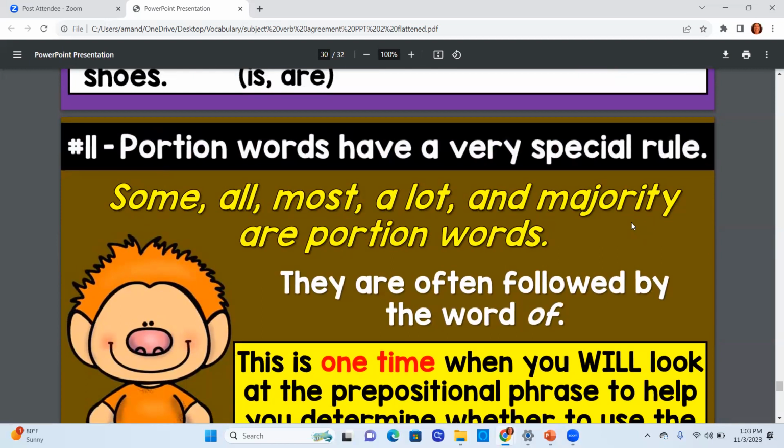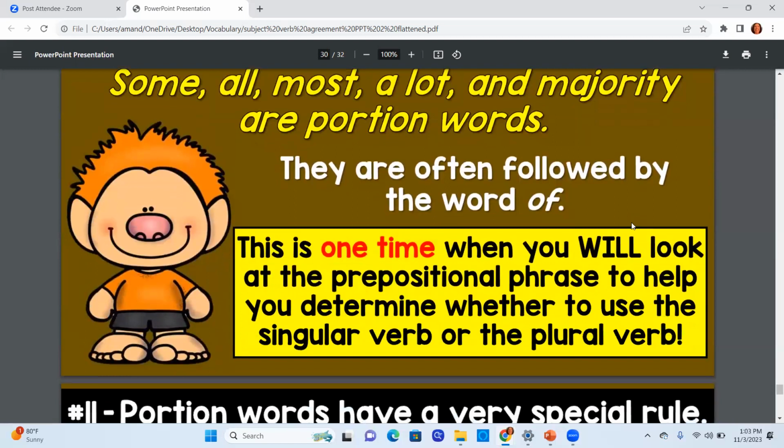Portion words have a very special rule. Some, all, most, a lot, and majority are portion words. They are often followed by the word of. Please, please, please keep this in mind.